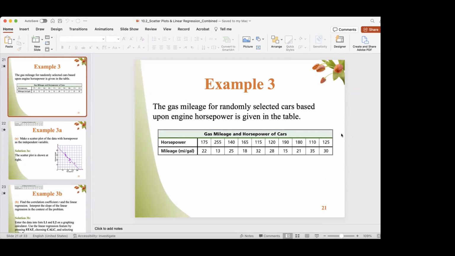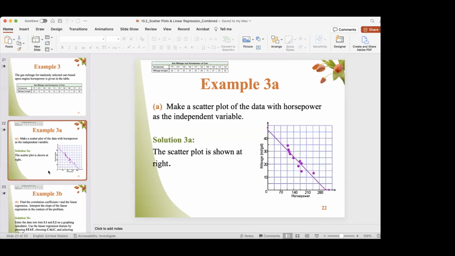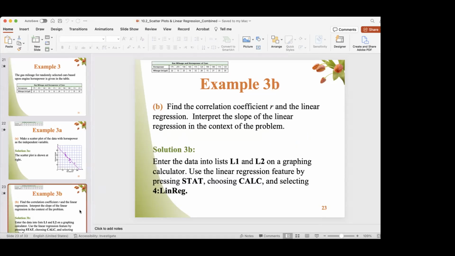So horsepower: 175, 255, and so forth. The miles per gallon: 22, 13, and so forth. They want us to make a scatter plot of the data. Then part B, find the correlation coefficient R and the linear regression. Interpret the slope of the linear regression in the context of the problem.